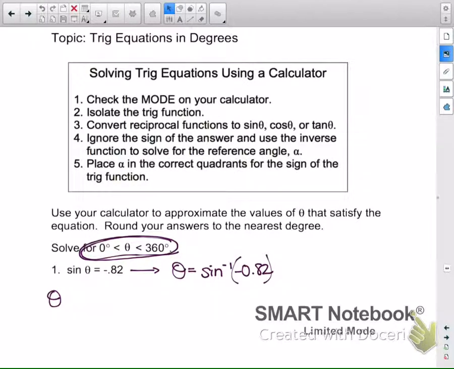Your answers should all be positive. Okay? Now, that's going to throw a wrench into some things for you because of how your calculator gives you your answer. When you plug in the inverse sine of negative 0.82, making sure that your calculator's in degrees, what answer do we get out to begin with? Negative about how many degrees?